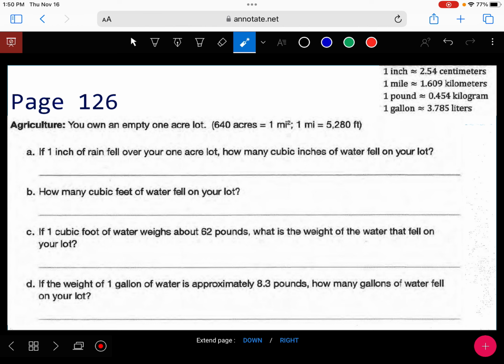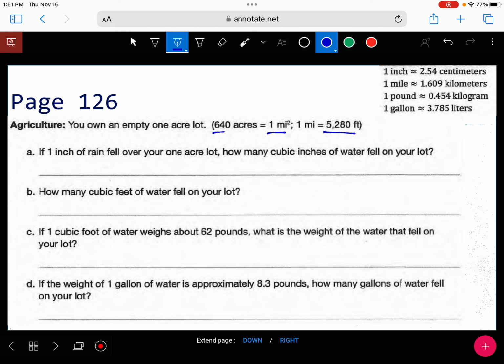An acre, or actually no, 640 acres is 1 square mile. And 1 mile is 5,280 feet. So what we're going to do, first things first, is I need to figure out the area of my 1-acre lot in something that's not acres. Like miles, inches.